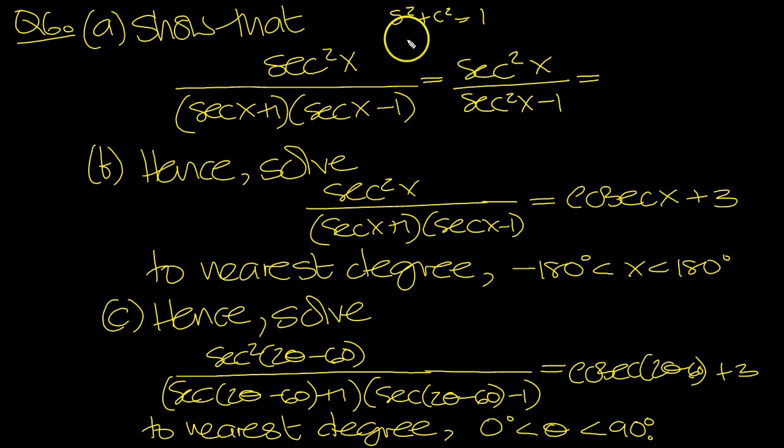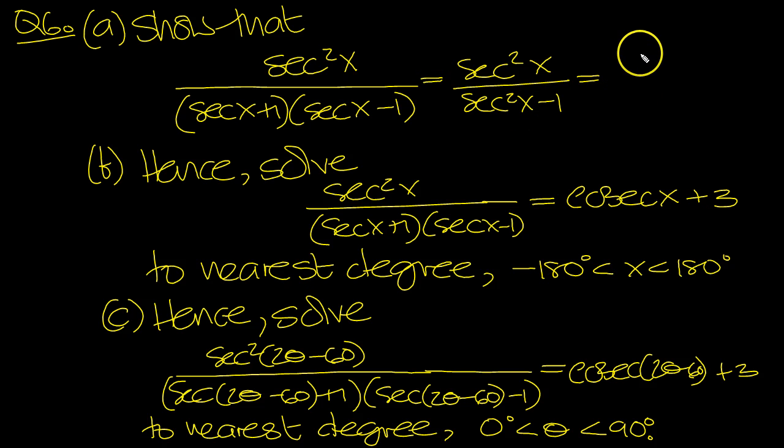So if I divide by cos squared, we'll have tan squared plus 1 equals sec squared. So sec squared minus 1 is none other than tan squared, isn't it? So I just reminded myself of that identity.